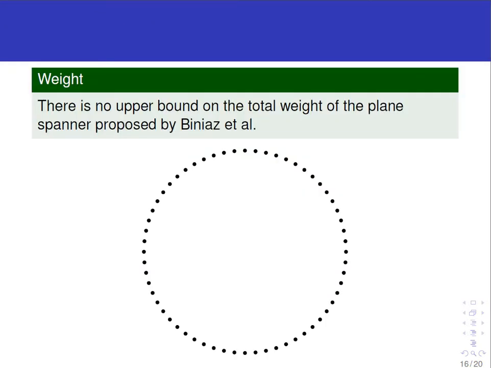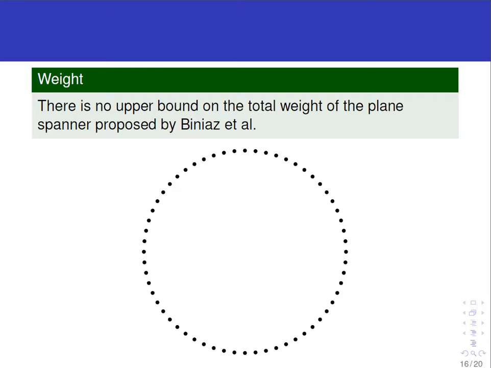Now we will talk about the weight of the plane spanner proposed by Biniaz and others and the plane spanner proposed in the paper. First, we show that there is no upper bound on the total weight of the plane spanner proposed by Biniaz and others. Let P be a set of n points placed at the vertices of a regular n-gon.